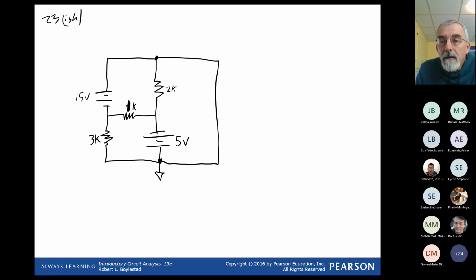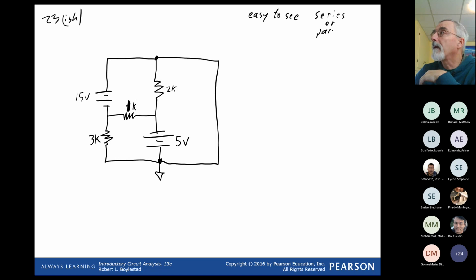So I encounter a new circuit. What am I to do? Well, if I look at what section of the chapter I'm at, it might give me a hint. Nah, I'm not getting much hints. Are there easy to see series or parallel resistors?